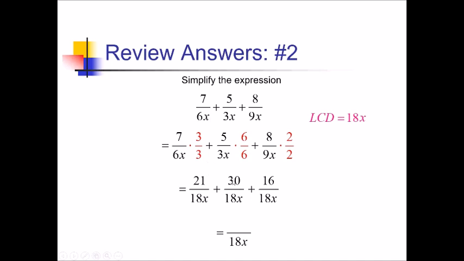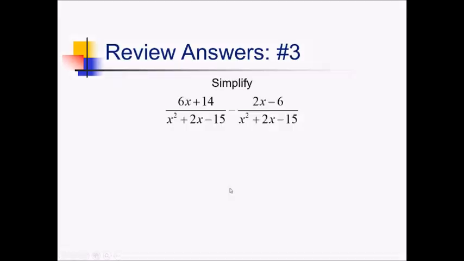So 21 plus 30 is 51. 51 plus 16 gives me 67. Just doing a quick double check here, there's no numbers that I can divide both 67 and 18 by. I mean, if you're suspicious about 3, 6 plus 7, the digits up there do not add up to something that's divisible by 3. So really, there's nothing we can do here except end the problem.